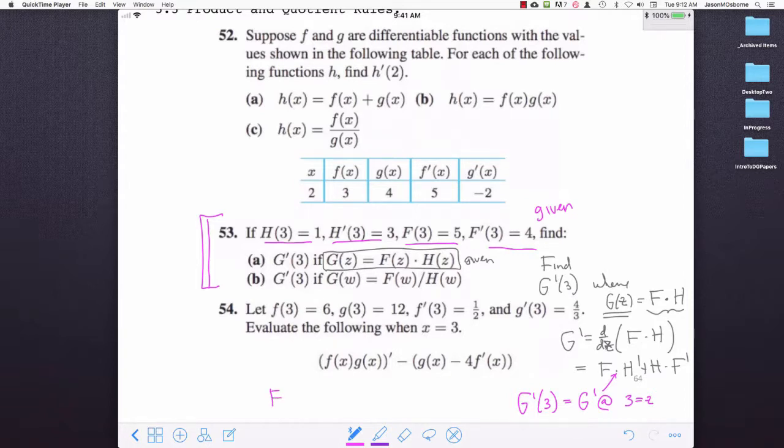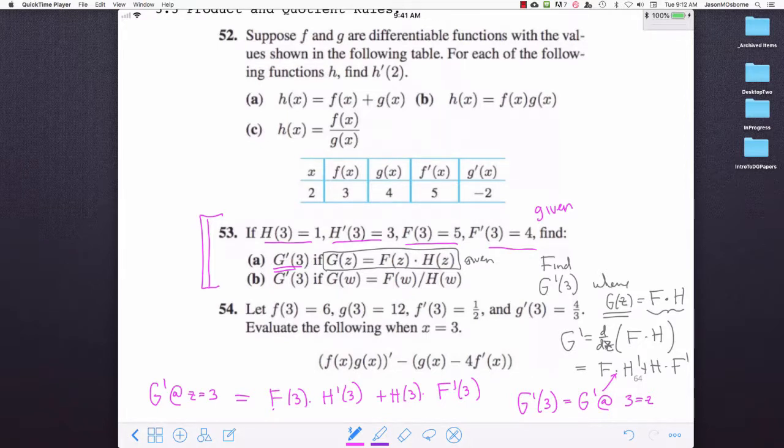So that's f of 3 times h prime of 3, plus h of 3 times f prime of 3. So this is g prime at z equal to 3, which is exactly what they wanted us to find. And now we just don't know any of f of 3, h prime, h, or f prime.